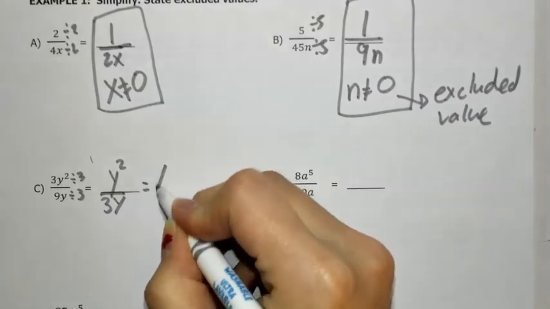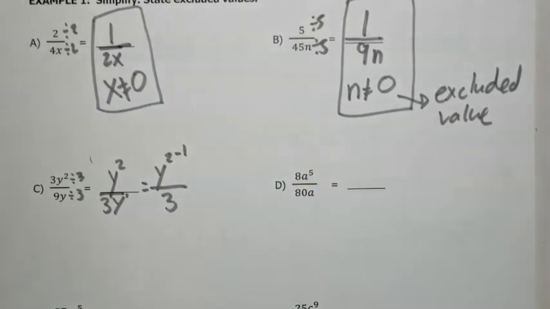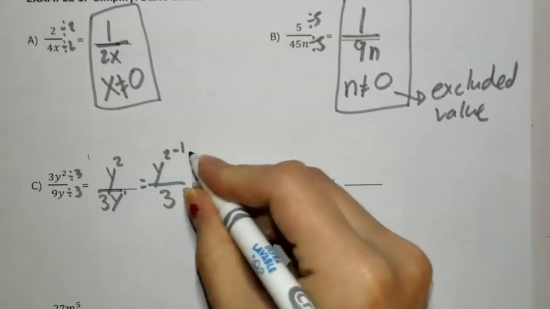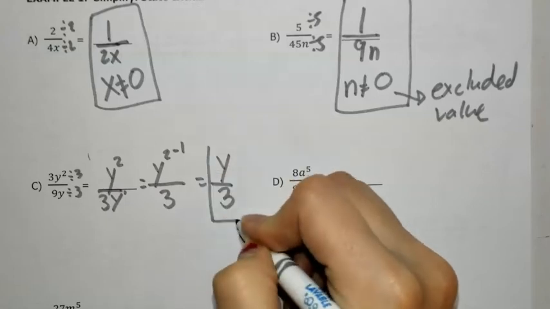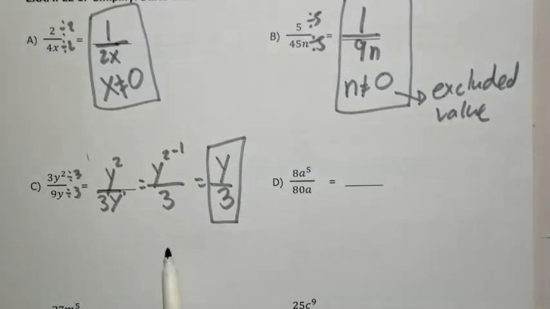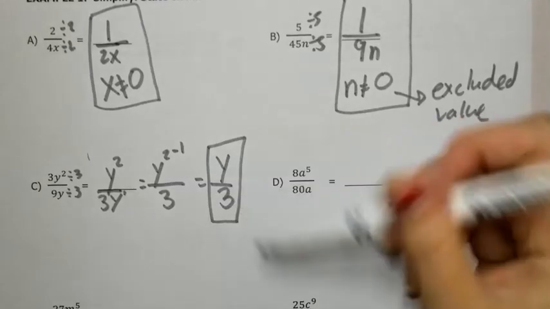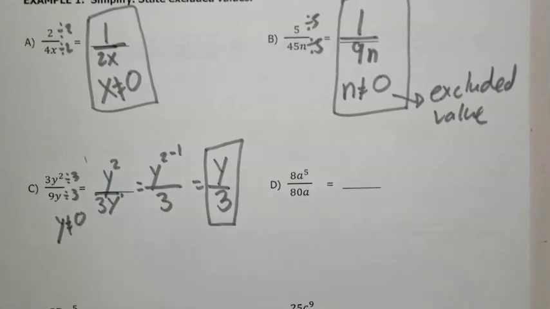So that's equal to y to the 2 minus 1 all over 3. 2 minus 1 is just 1, so you have y over 3. And this would be your simplified fraction. There's no excluded values for this part, but since there's a y at the beginning, let's just say y still can equal 0.